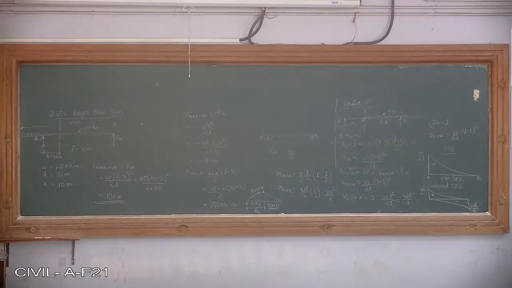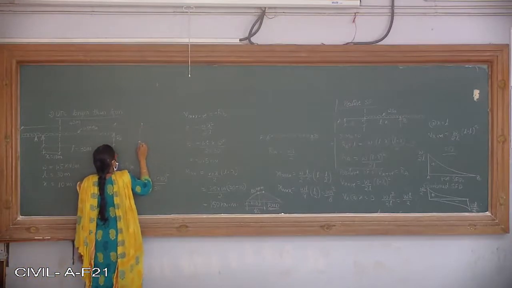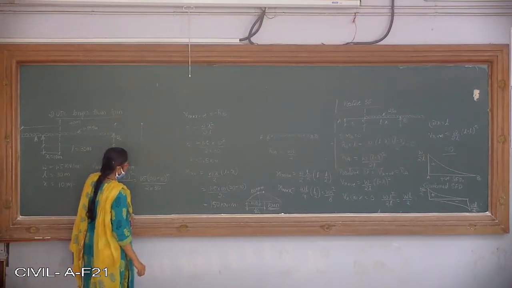So you got to show it. I will be showing it like this. This is the value here. You got negative value on the higher side, I think.